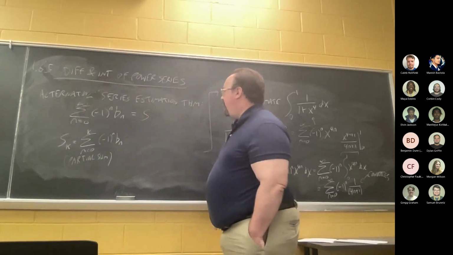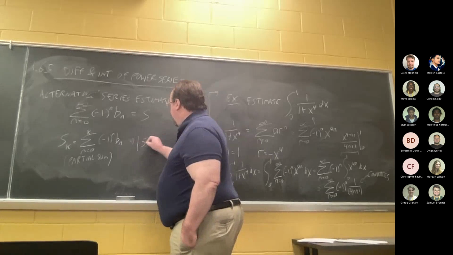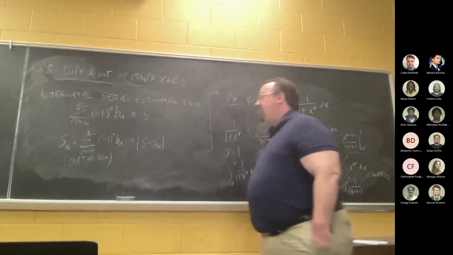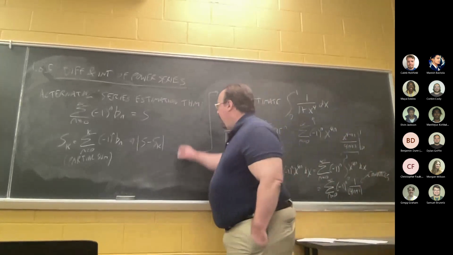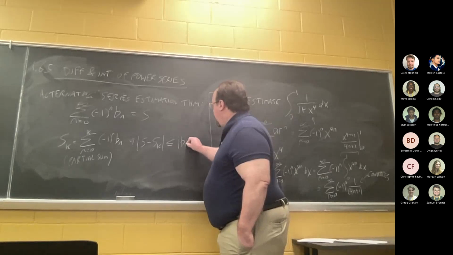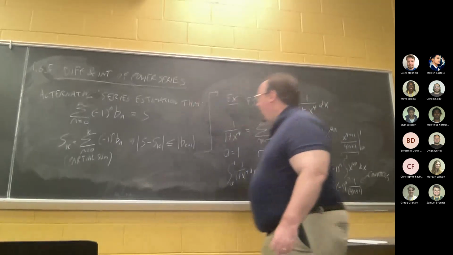The alternating series estimation theorem says that the absolute value of the difference between the true sum and the partial sum is less than or equal to the next term, the absolute value.